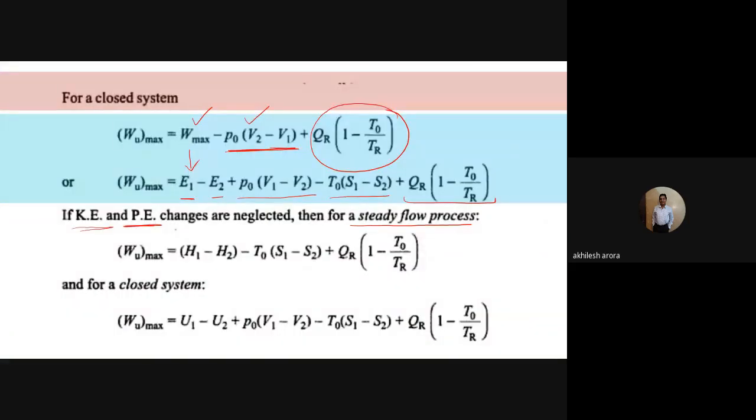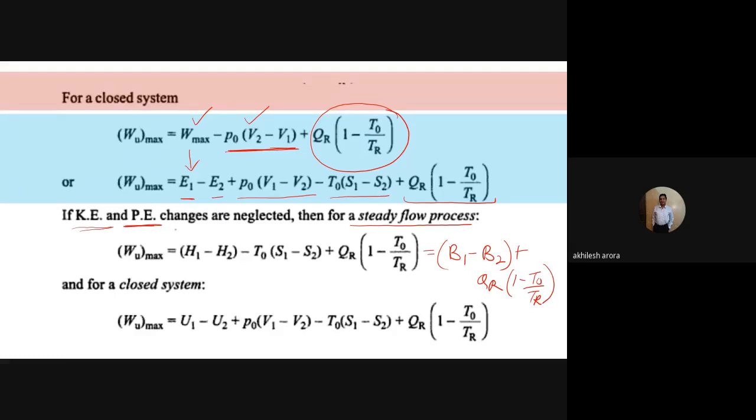So you can see it here. This is H1 minus H2 minus T naught into S1 minus S2 plus Qr into 1 minus T naught over Tr, and this is nothing but B1 minus B2 plus Qr into 1 minus T naught over Tr.